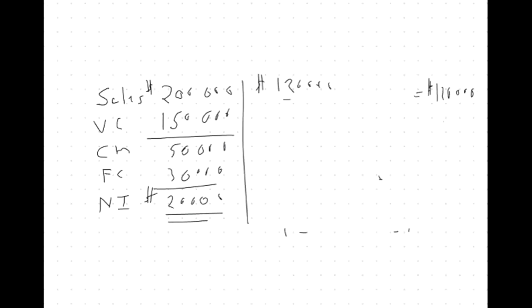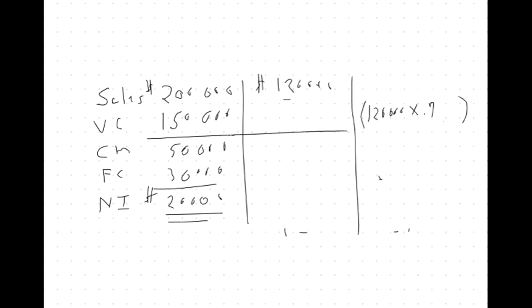So the first thing I want you to fill in is the variable cost. How do you find the variable cost at $120,000 of sales? What are you going to do? Good. You take the sales times the variable cost ratio, and that got you what number?